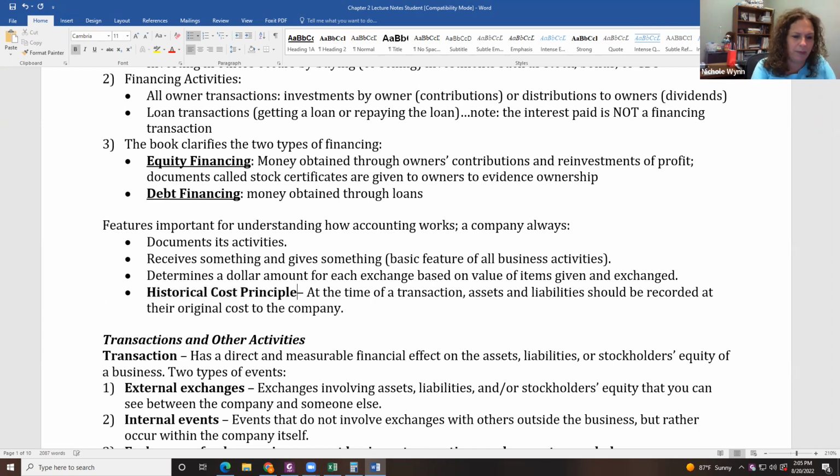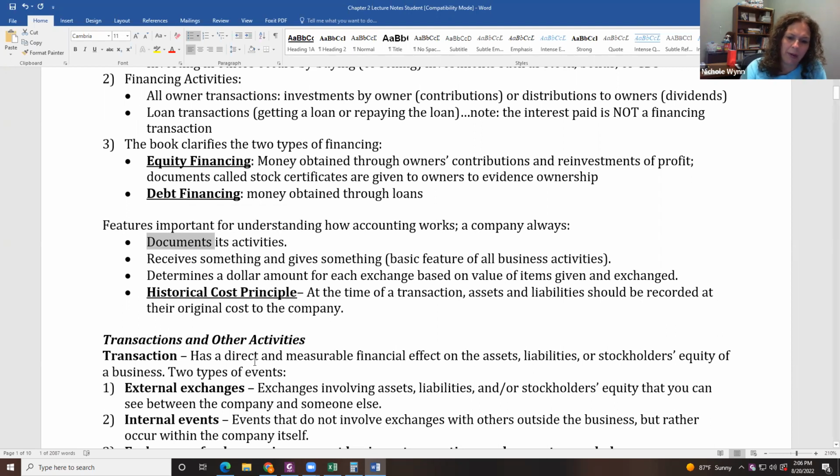It doesn't matter, same thing. So the historical cost principle basically says that we will record everything as what we paid for it. And that's because that's the number we can document. We like to document. So we have a receipt and it says, I bought land worth $12,000. I paid $12,000. You do the transaction for $12,000.